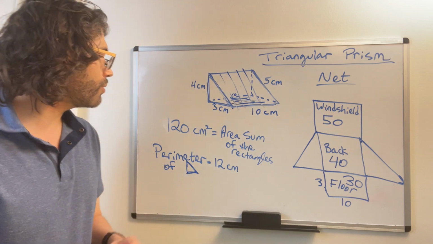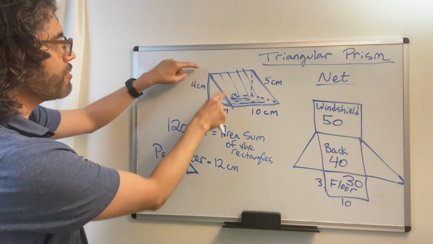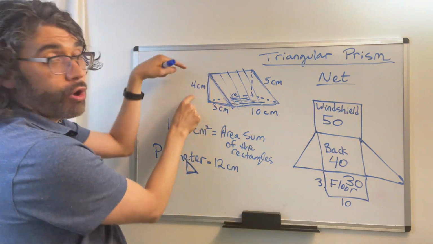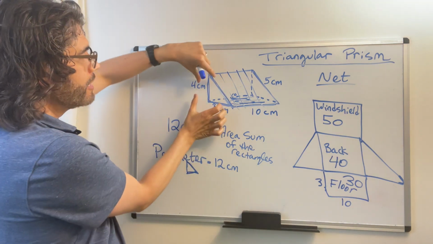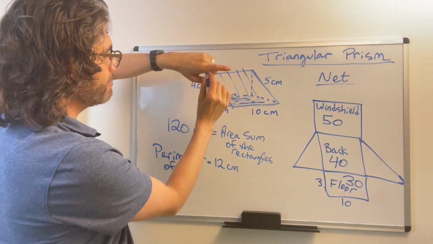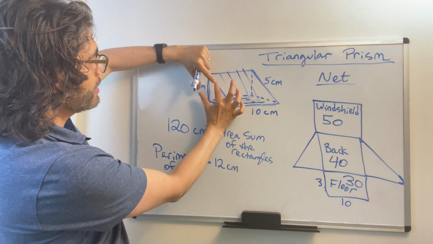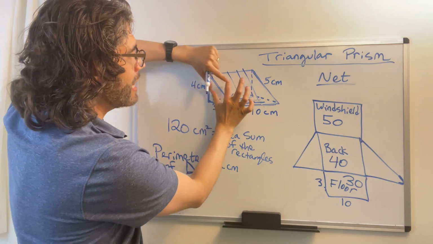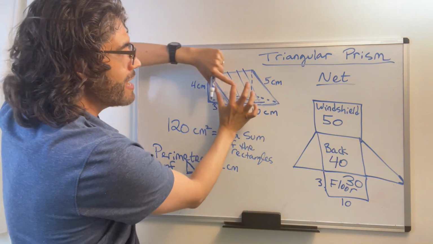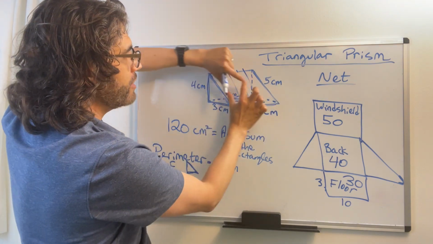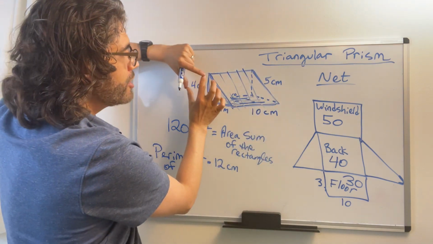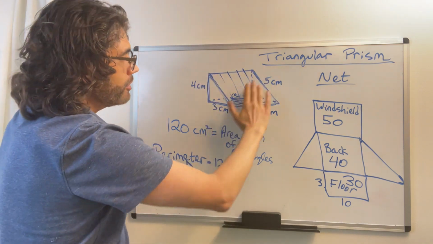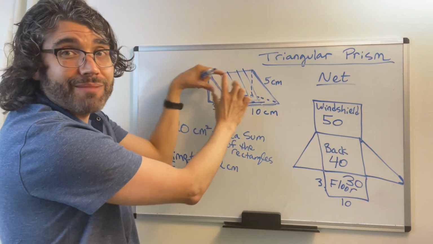Okay, so if we take that perimeter and then multiply it, now the perimeter goes all the way around. So if you take this perimeter and you make it like a piece of string that's a triangle, and you slide it across the entire triangular prism, the length of it, which we'll call 10 centimeters, you are basically scanning over the windshield, the floor, and the back all at the same time.